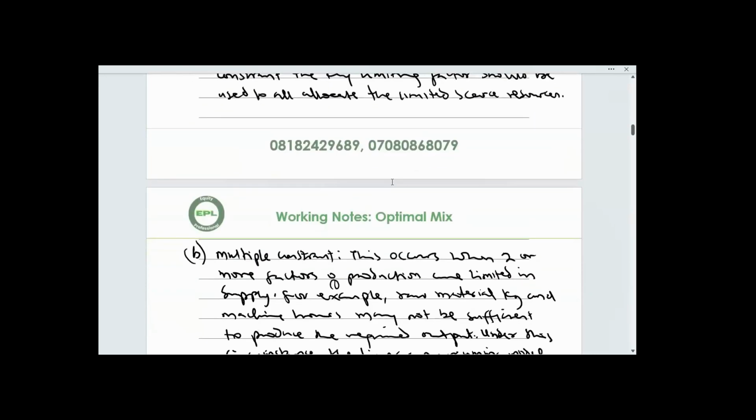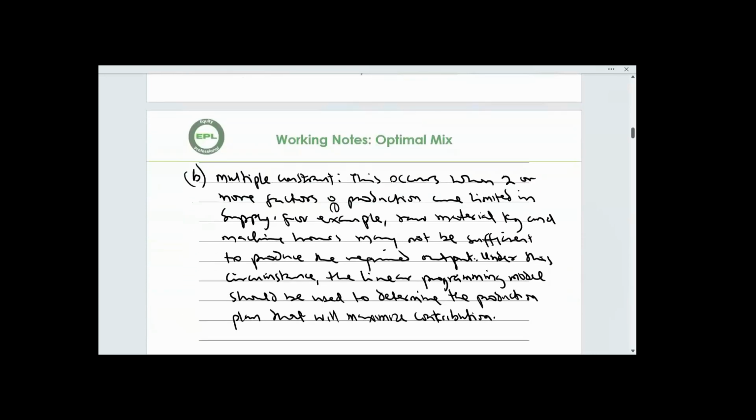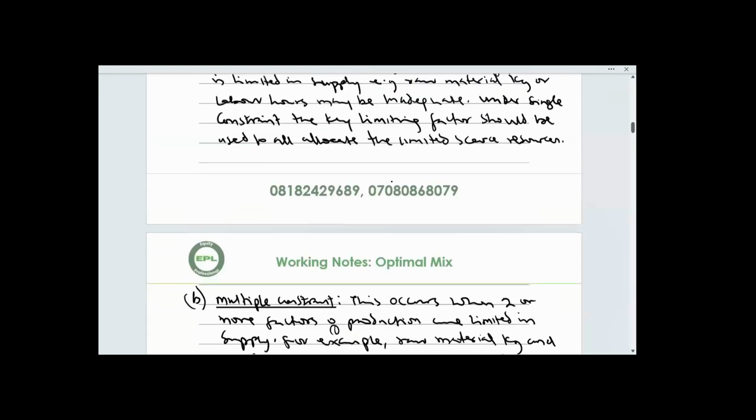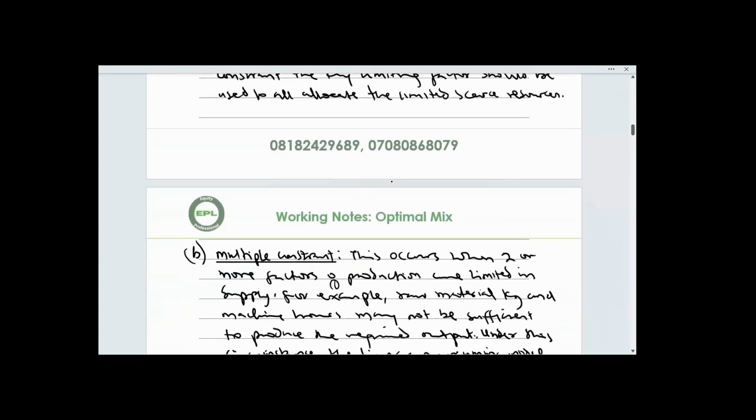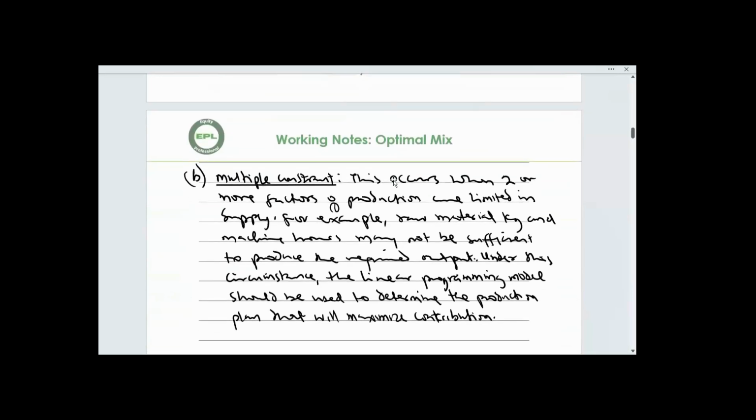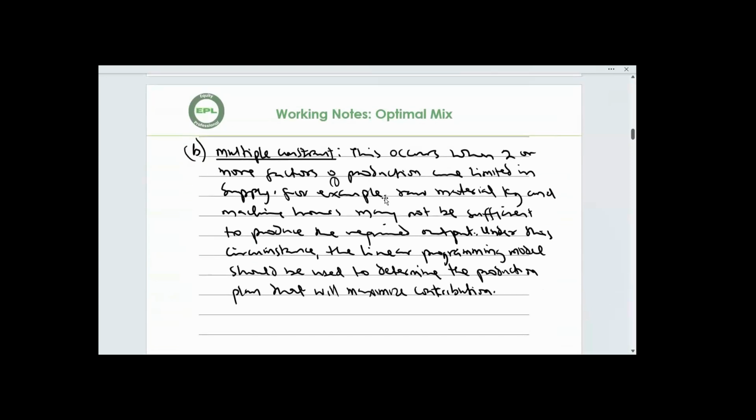The second is multiple constraints, which occur when two or more factors of production are not sufficient. When two or more factors of production are limited in supply, we need linear programming to allocate the little resources available in order to maximize contribution.